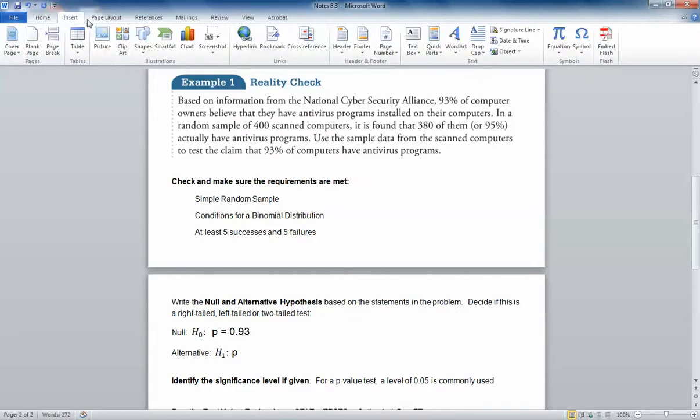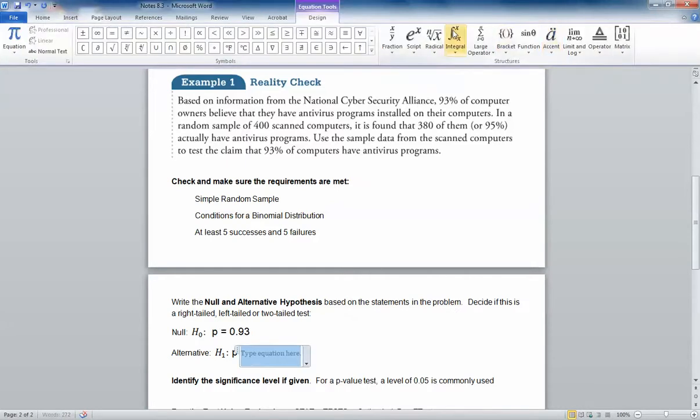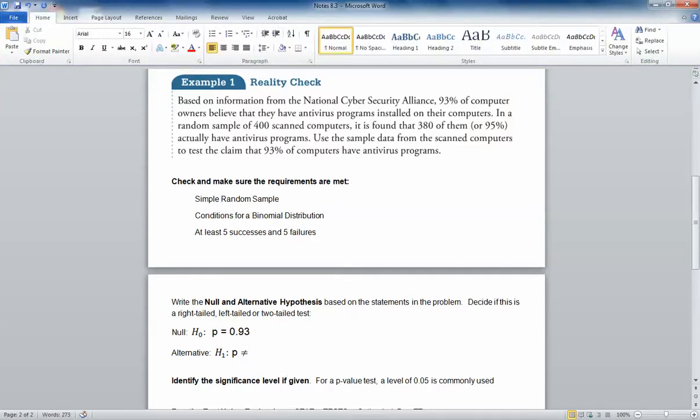I'll find the not equal symbol in the equations. So we're testing the claim that p is not equal to 0.93. We would use a one-tailed test if they specifically asked us about more than or less than, then we would use a greater than or a less than.